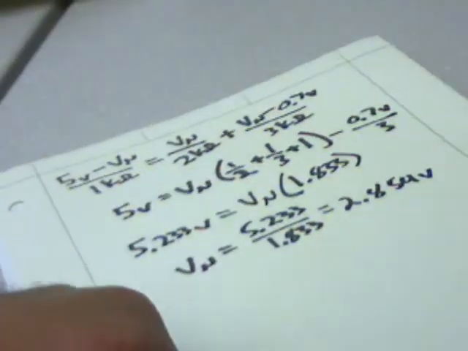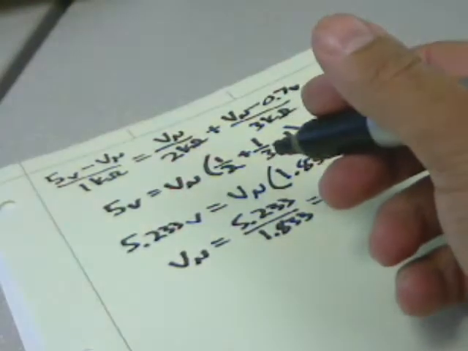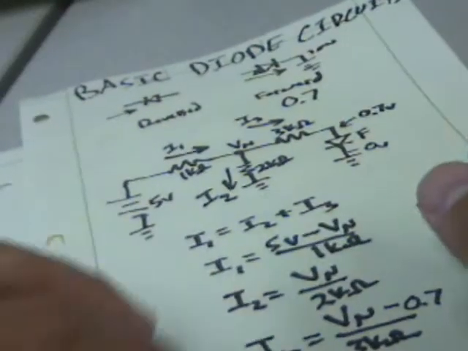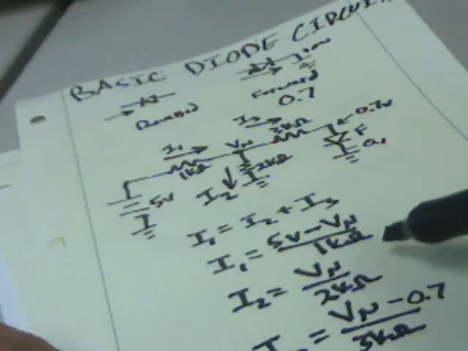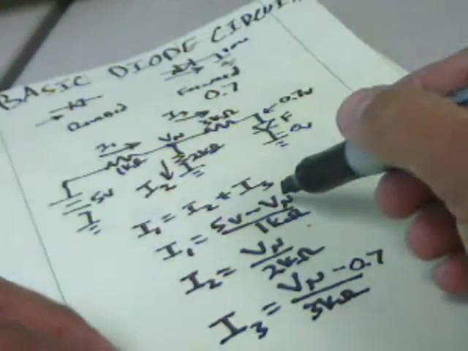So now we have the voltage for Vn, and we can go back and plug this back into our equations. So we're just going to plug in 2.854 everywhere in these equations that we had Vn.